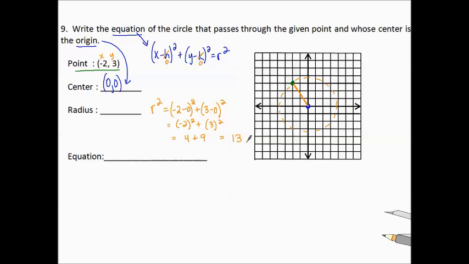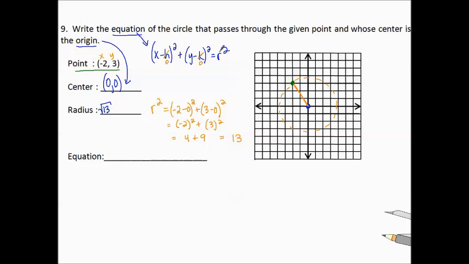Now, ultimately, we need the equation. We don't need the radius. But we may be asked at some point also, how much is the radius? So the radius is the square root of our r², which is, sorry, the square root of 13.